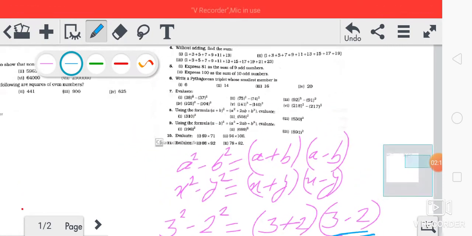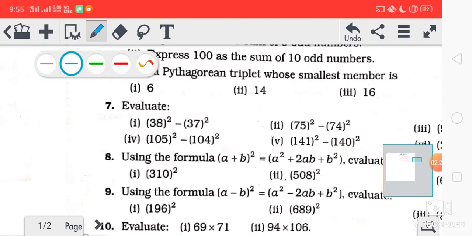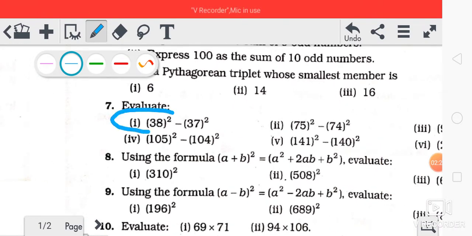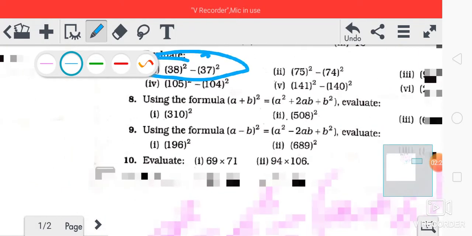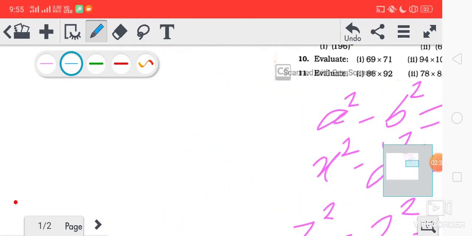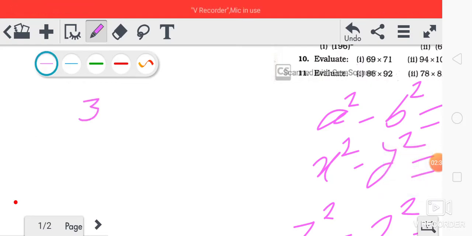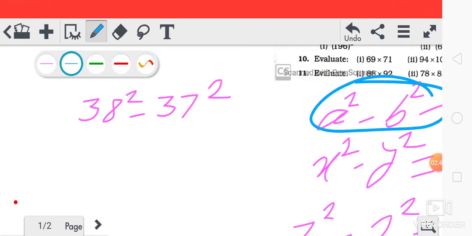Now the same question, just pay attention here. Question number 7, part 1. What is given? 38 square minus 37 square. It is in the same form, a square minus b square.